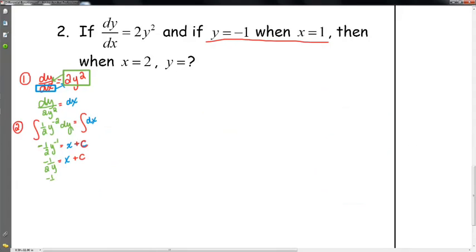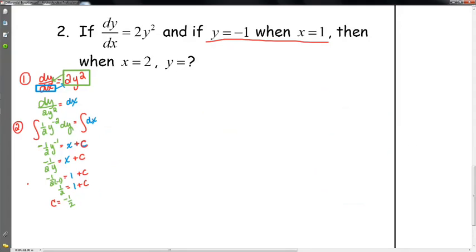So we have negative 1/2 times negative 1 is equal to x is 1 plus c. So we have 1/2 is equal to 1 plus c. So if I subtract 1 from both sides, c has got to be equal to negative 1/2.